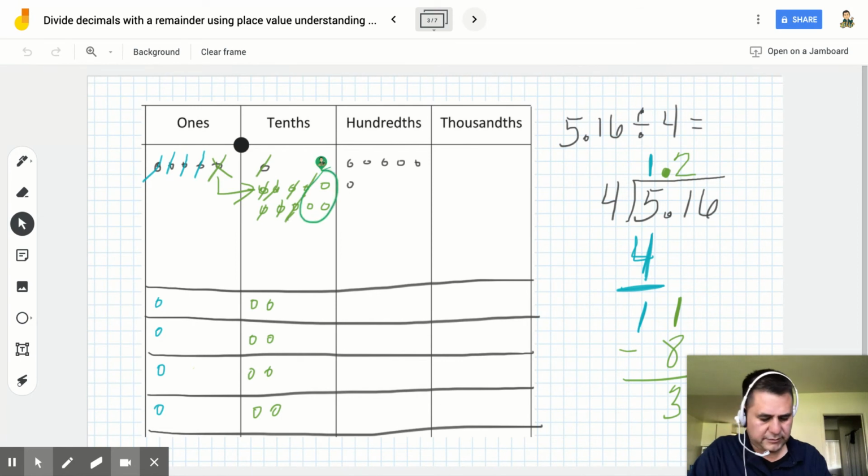3 left over. What do I do with those 3? Regroup. That will give me 1, 2, 3, 4, 5, 6, 7, 8, 9, 10. This will give me 1, 2, 3, 4, 5, 6, 7, 8, 9, 10.